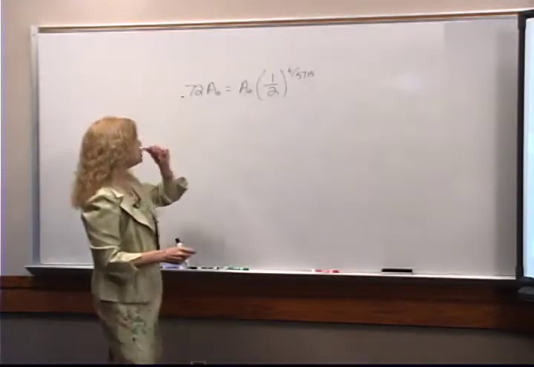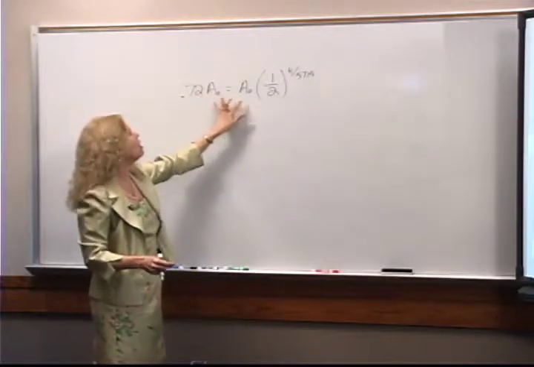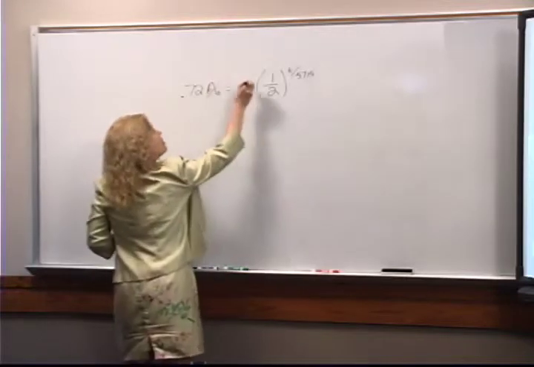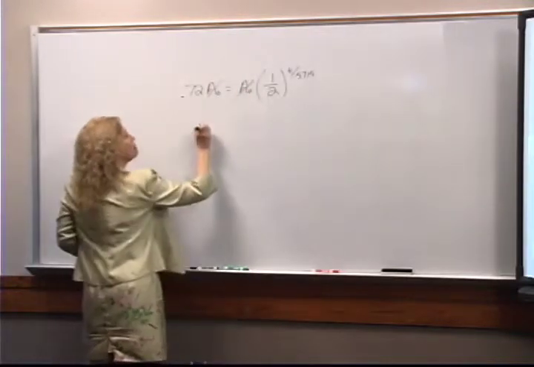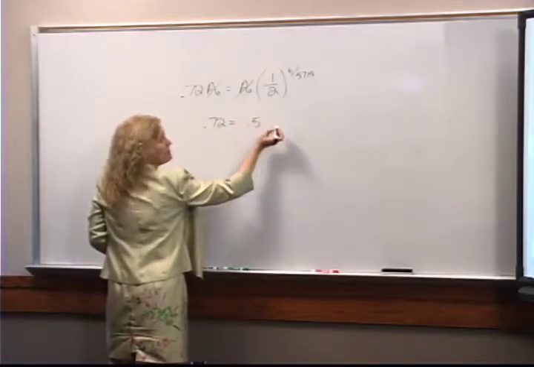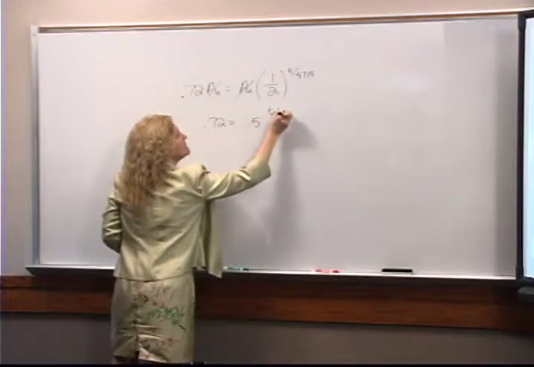Now, we actually work with these percentages quite a bit, and you notice that the a-naughts are a factor on each side, and they divide off right away, so they're gone. And I have 0.72 is equal to, I could write that as 0.5, raised to the t over 5715 power.